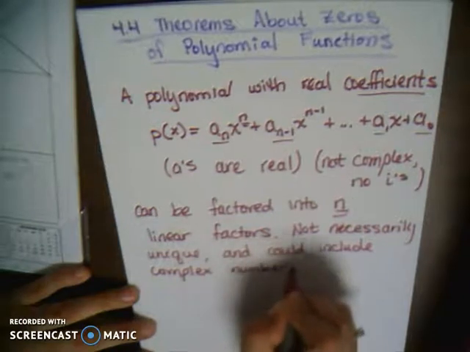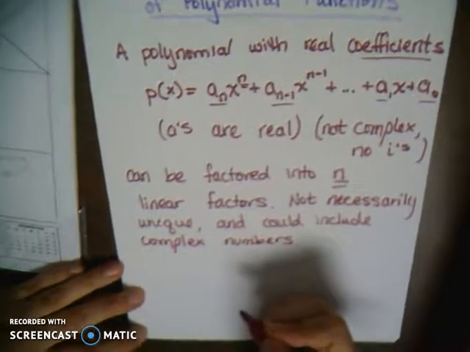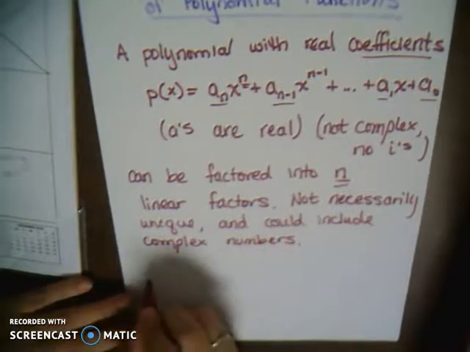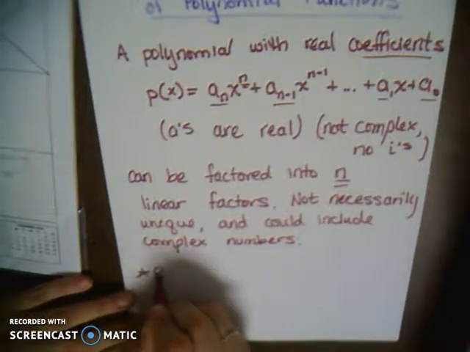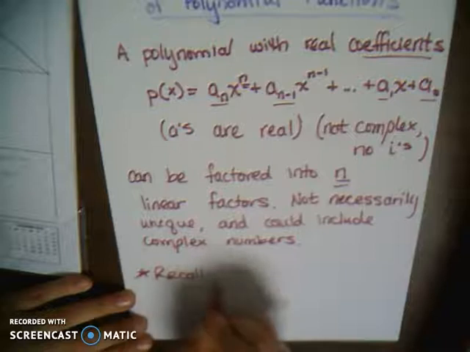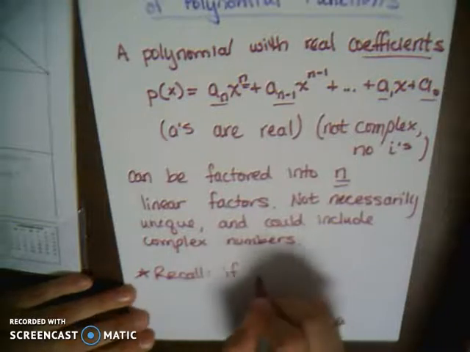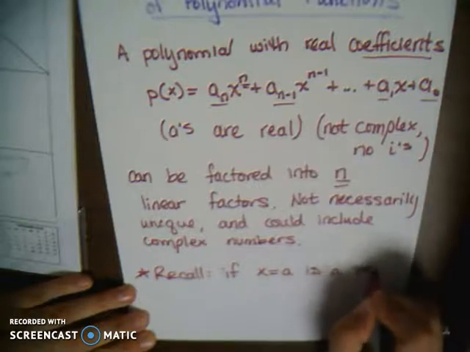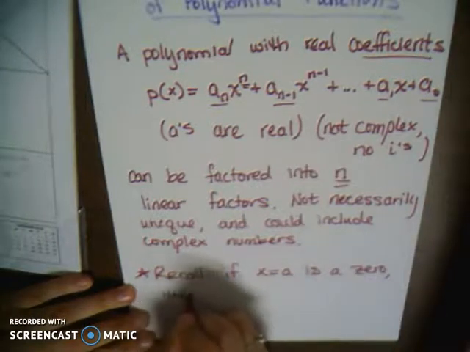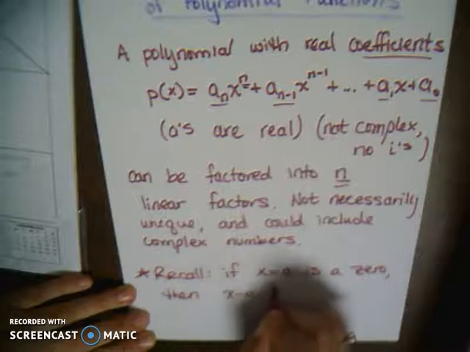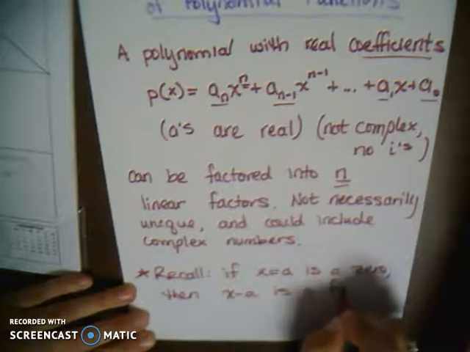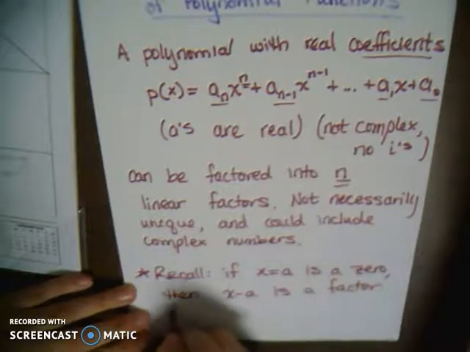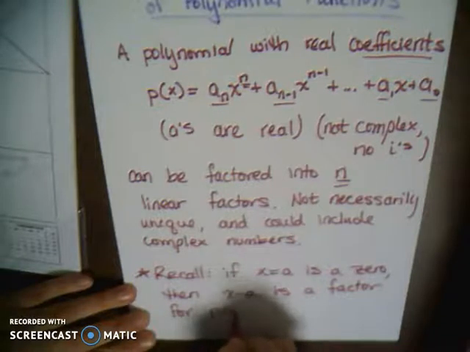So one of the things we said in one of the last couple sections is that we want to recall, if x equals a is a 0, then x minus a is a factor for whatever polynomial we happen to be working with.